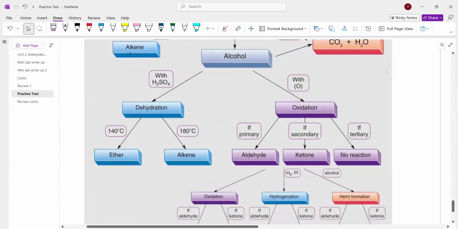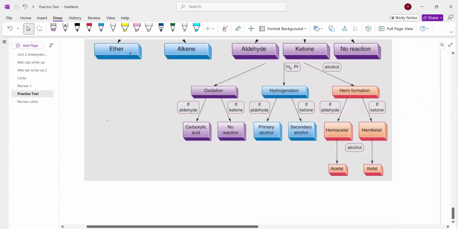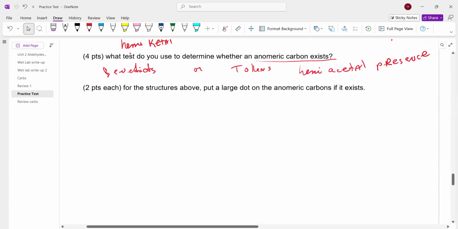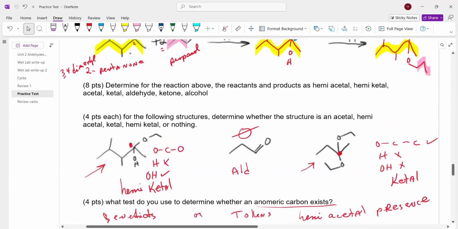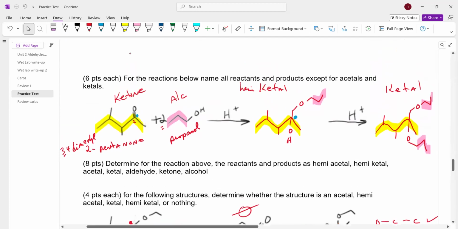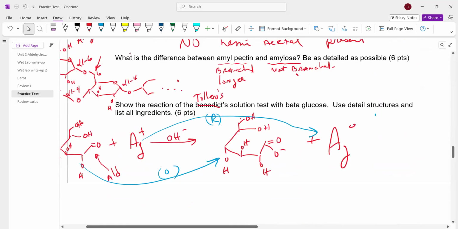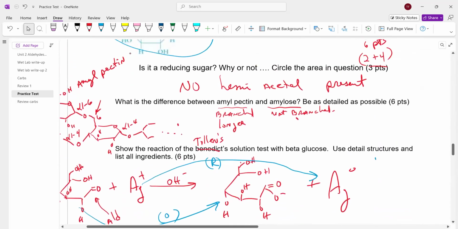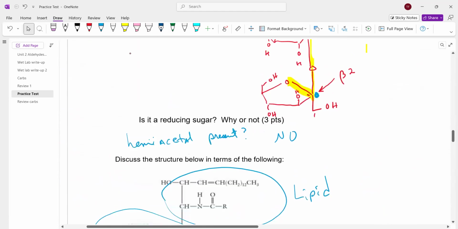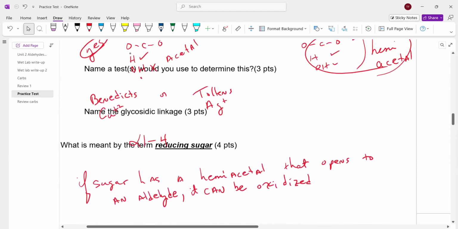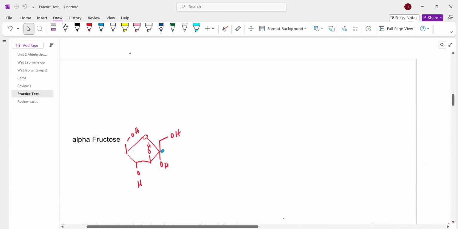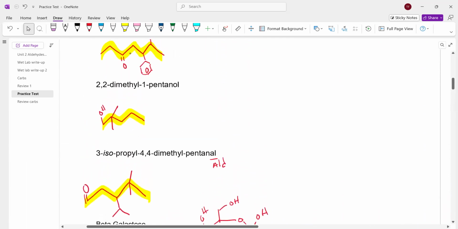And here's our lovely flow chart. Okay, so that's going to be similar to your tests next week. In my opinion, the hardest part are going to be these Benedict's and Tollens reactions. And then learning the structures. Those are the two biggies. Naming is kind of similar to our Unit 1.